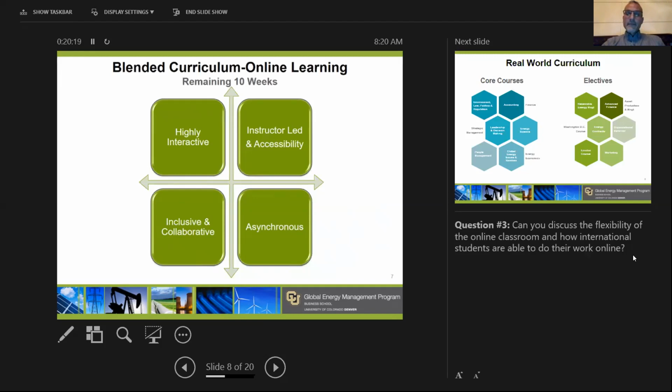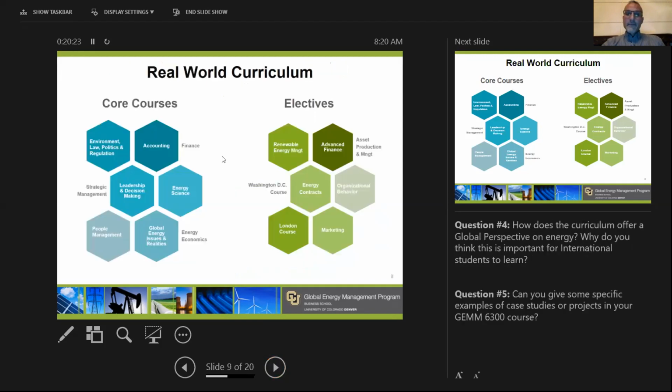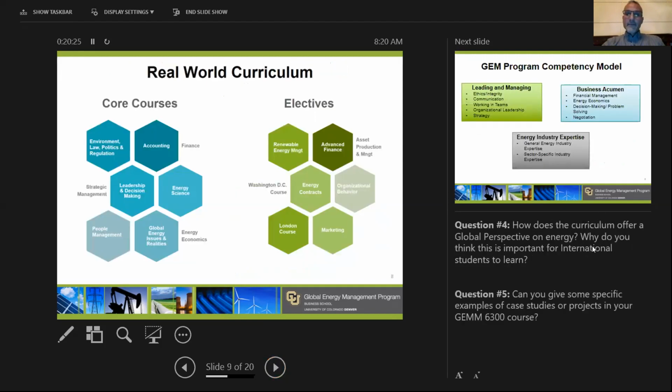So in addition to that, to go into the curriculum too, which is very unique on the program, I wanted to first show this slide quickly. As you can see, we have a lot of business, leadership, finance classes, but we also have a total of 12 classes here, and 3 out of those 12, a fourth of them, are electives, anywhere from a travel course to advanced finance, marketing, energy contracts, renewable energy management, so really a wide spectrum with that.